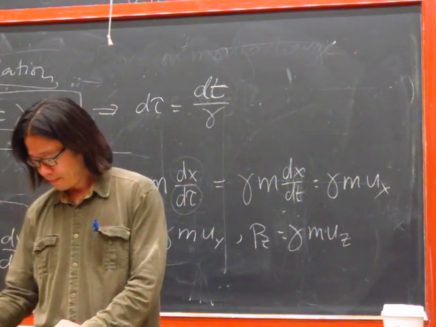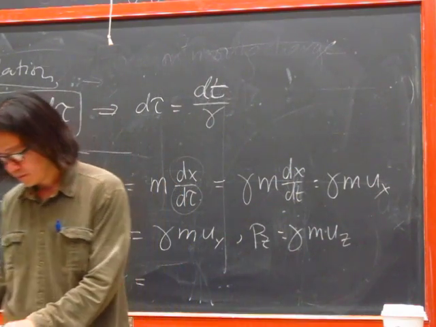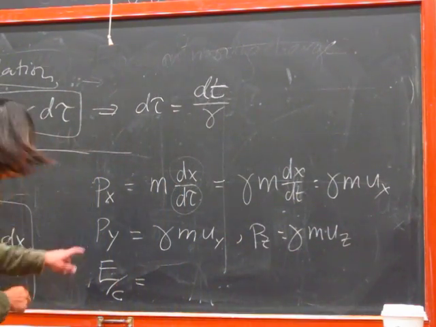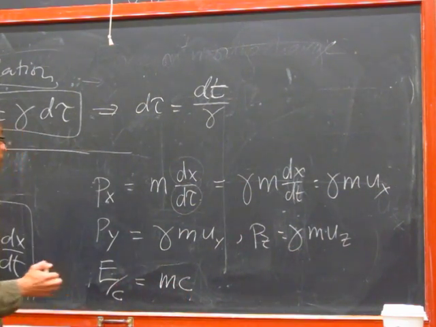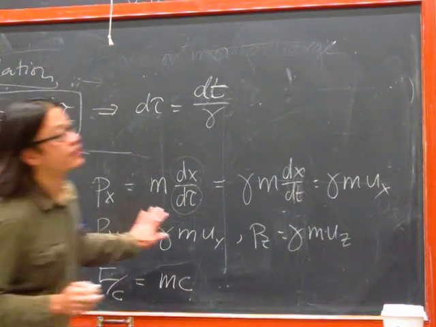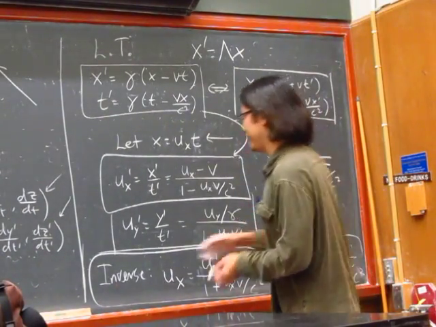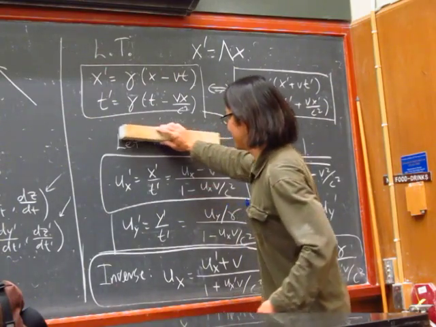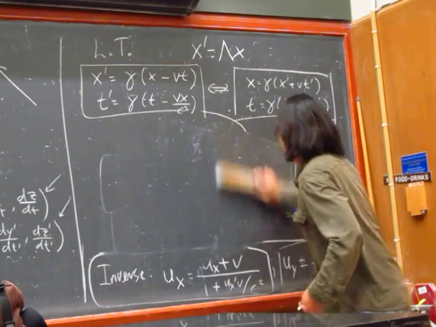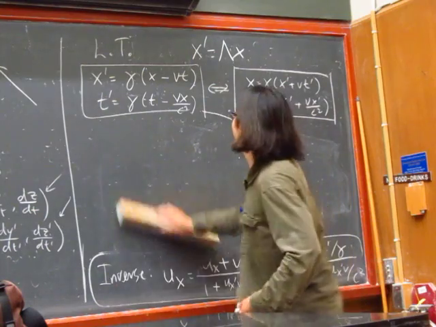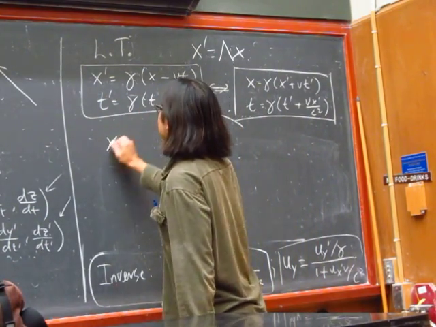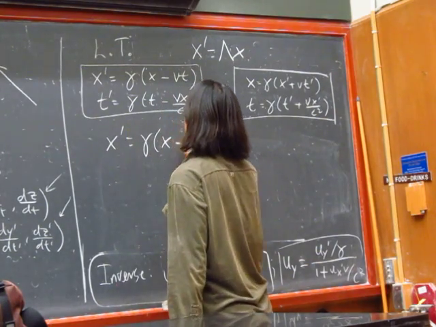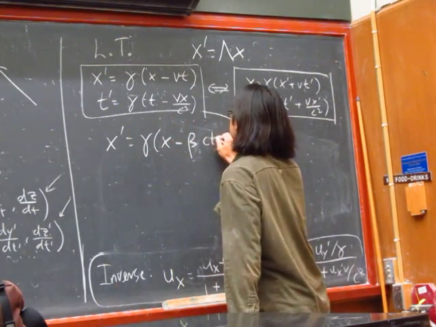Okay, and where was I? This E over c then is just mc. I want to construct something so that they can transform like a Lorentz transformation, right? Let me erase this since we don't like this velocity addition. So let me rewrite this equation, right? X prime is equal to gamma (x minus beta ct), right?